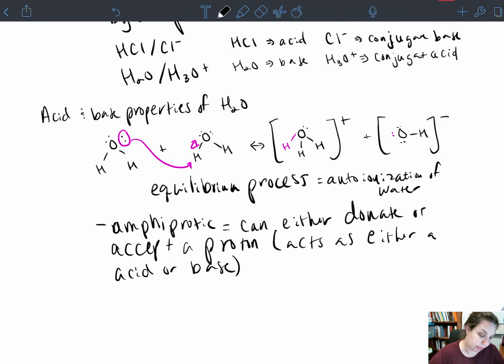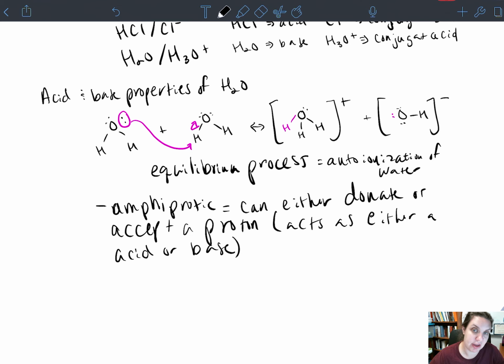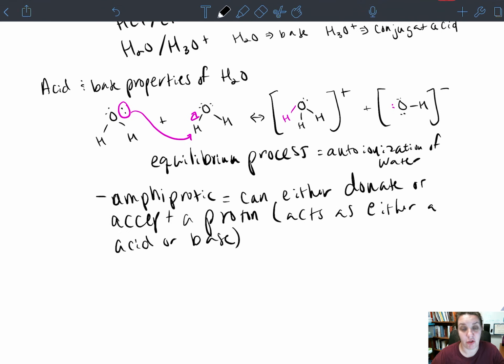So this equilibrium that occurs in water gives us what we call the equilibrium constant of water, or ion product constant of water, Kw.